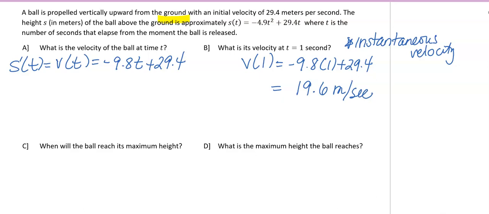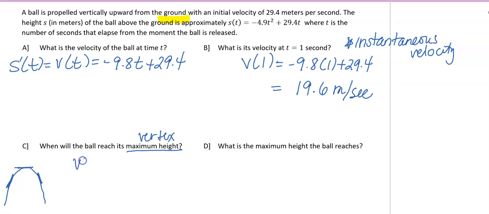All right, part C, when will the ball reach the maximum? You know from Algebra 2, we're looking for the vertex. And anytime we launch something, it makes a parabola. As the ball is increasing, our velocity is positive. Our slope of our tangent lines are positive. When the ball is falling, the slope of our tangent line is negative. So therefore, right at the top, our velocity is 0.